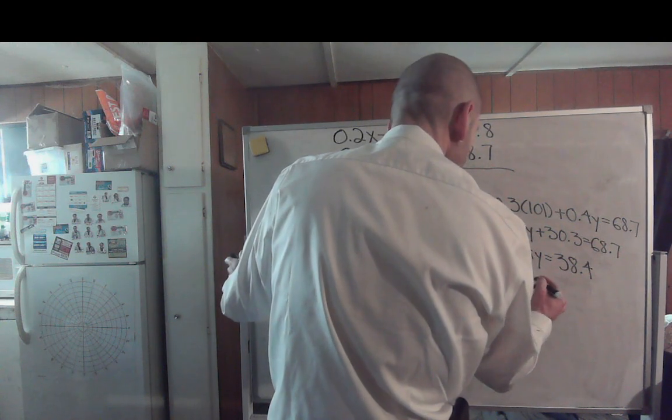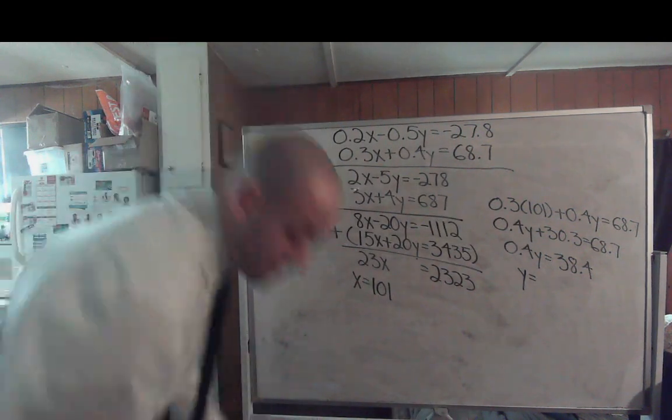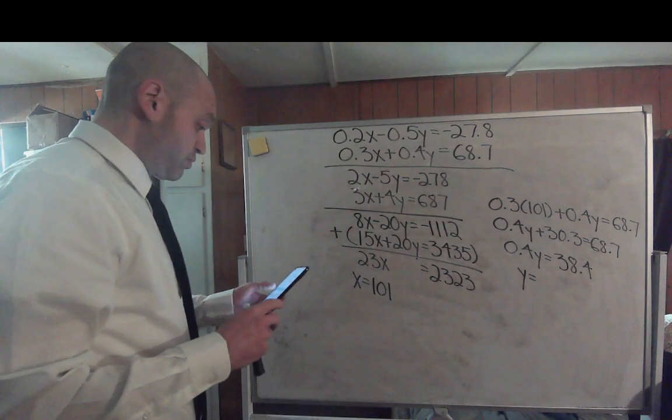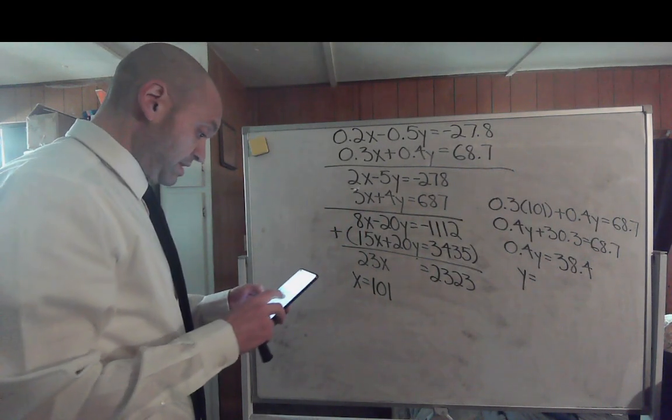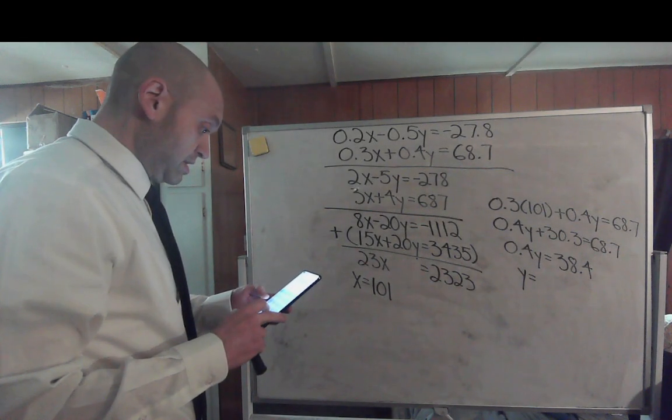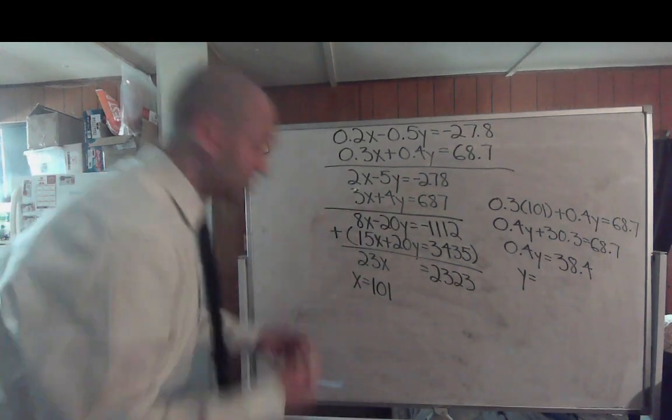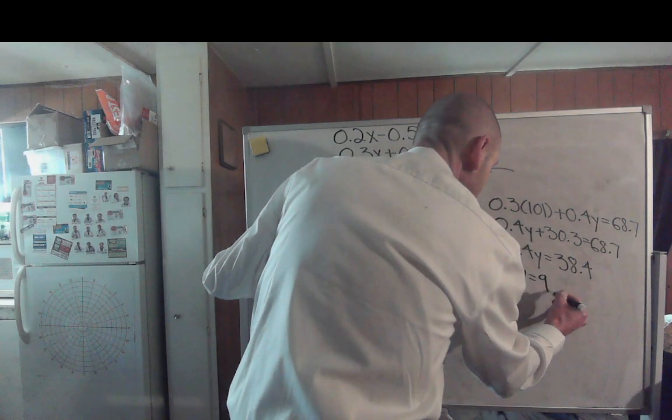Now I should be ready to find y if I just divide 38.4 by 0.4. I get 96. So y equals 96.